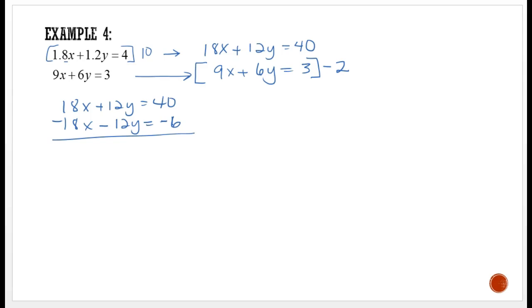So this one comes out 0, that's 0. So 0 equals 34. Well, that's not a true mathematical statement. So automatically, we have an inconsistent system.